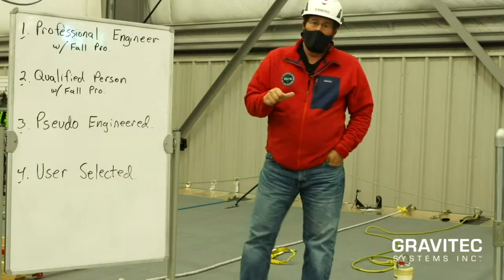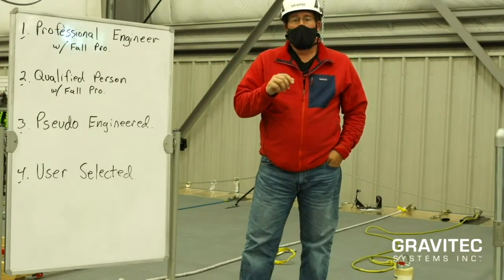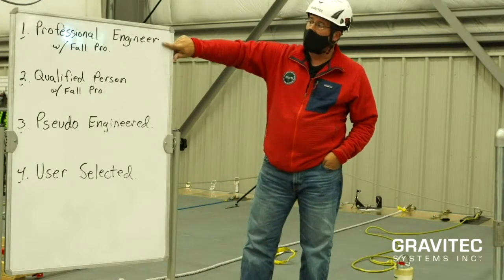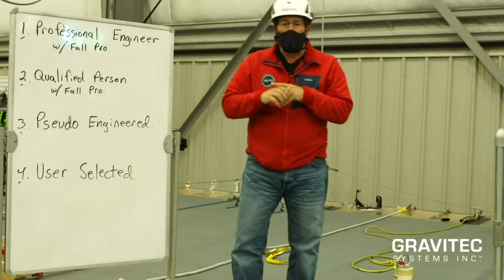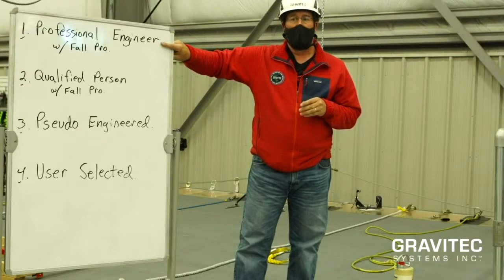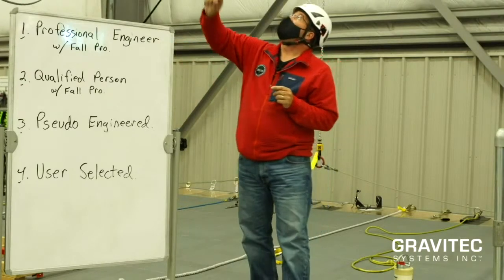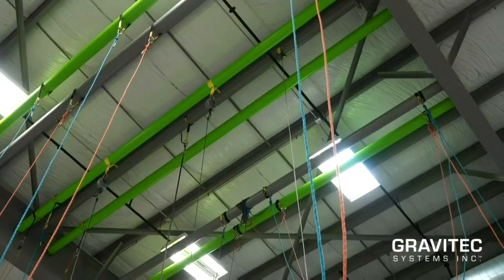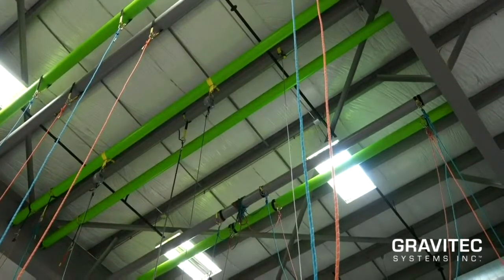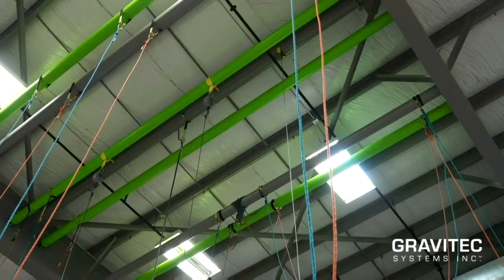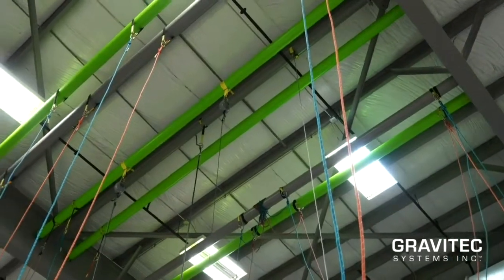So the best anchor that you can supply for yourself or for your workforce is, number one, an anchor that's designed and installed under the supervision of a professional engineer. If you take a look up into the superstructure here of our training center, anything that you see that is green is an engineered anchor point.